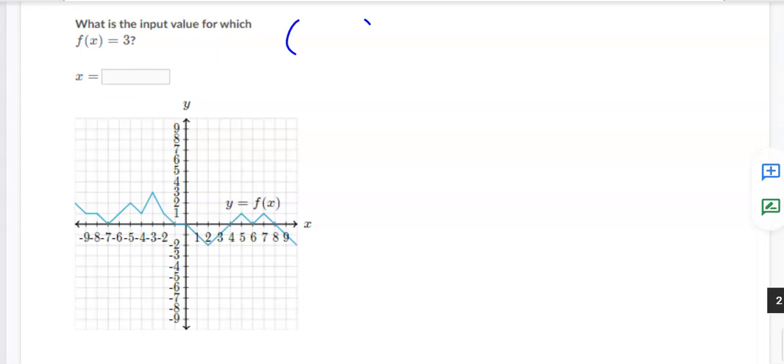This is saying, what's the input value? What's the x? And they're telling us what y equals. Y equals 3. So I got to go to the y-axis, find 3. Everywhere on the graph where it hits, looks like right there. So it looks like that point is at negative 3, comma 3. And we need this x value.